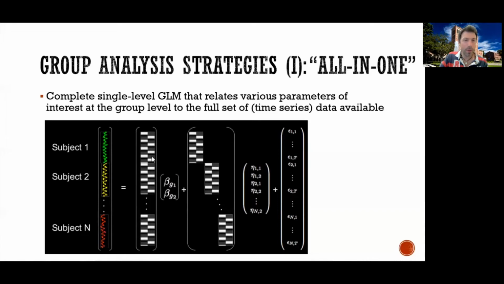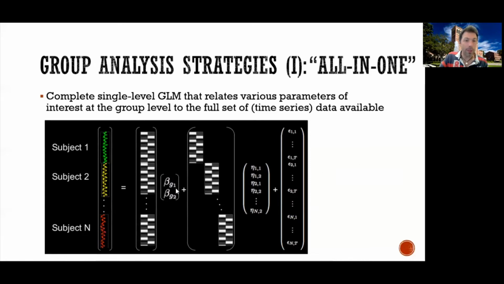So beta G1 could be the average effect in all the healthy volunteers, and beta G2 is the effect in all the patients. Or maybe this is task A, looking at faces, and this is task B, looking at houses. So beta G1 is the effect across my whole group of seeing faces, and beta G2 is the effect of seeing houses, something of that sort.